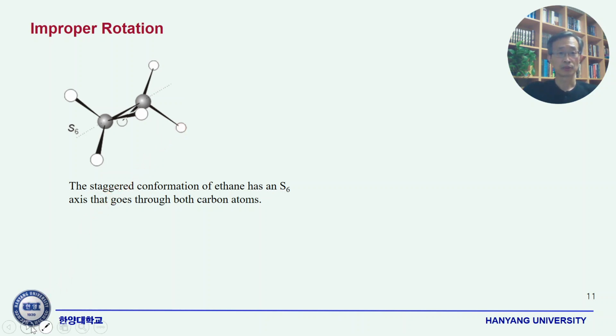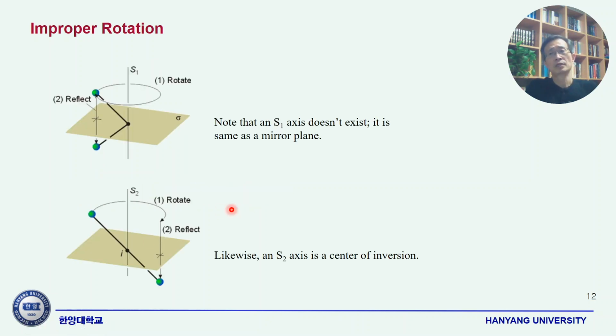So we looked at the ethane molecule. If you have a model, like a Borenstein model, you can follow this very solidly. Some improper rotations are not possible in a way.